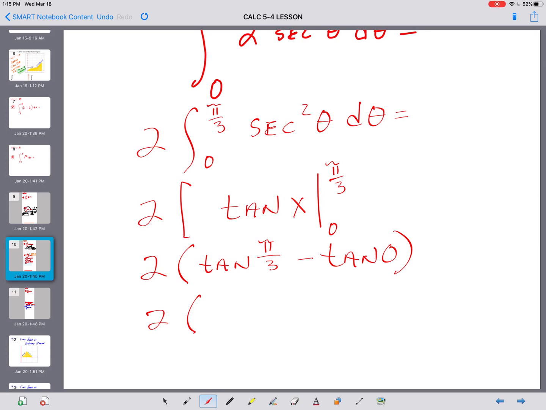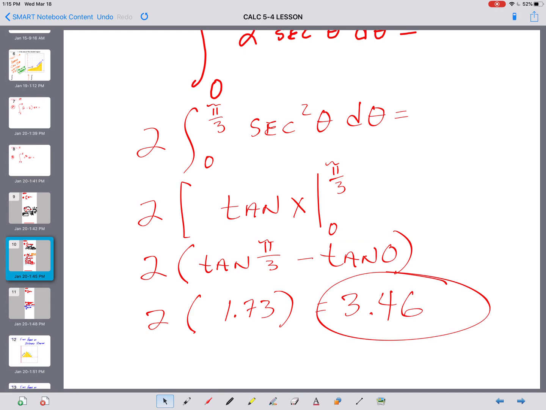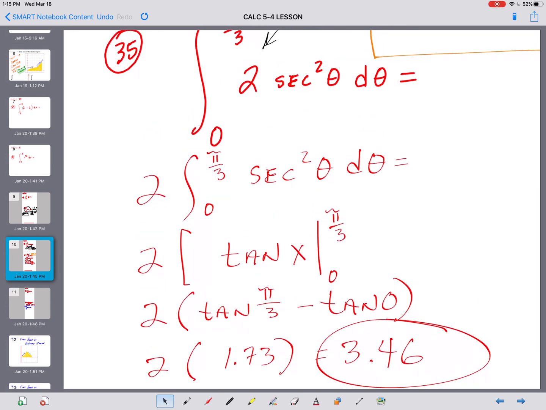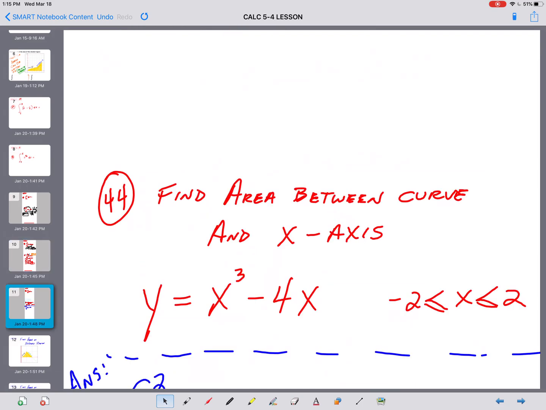Good, then minus tangent of 0. Tangent of 0 should be 0. Okay. Our answer for that part is 1.73. 2 times 1.73 is 3.46. There's our answer. Again, you can check it by going back to the original and plugging it in your calculator.